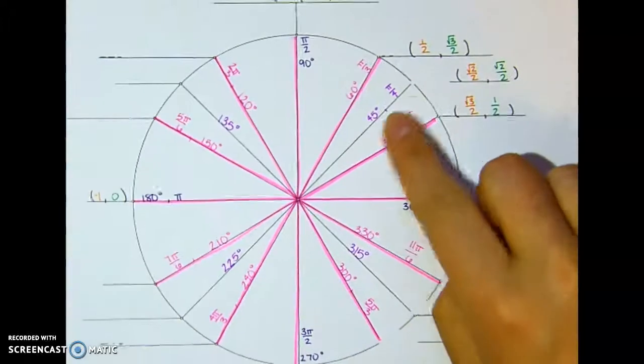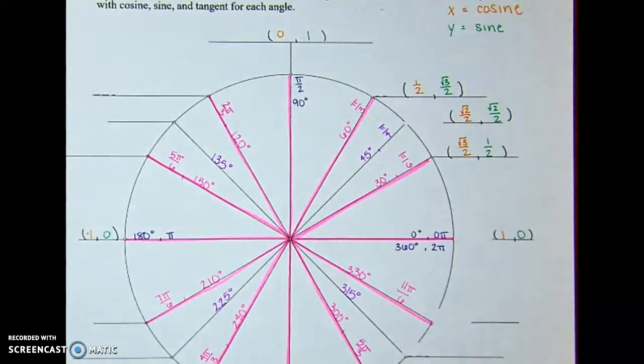Then we have our 45, or pi over 4. Same concept, except we're going to count out using fourths.